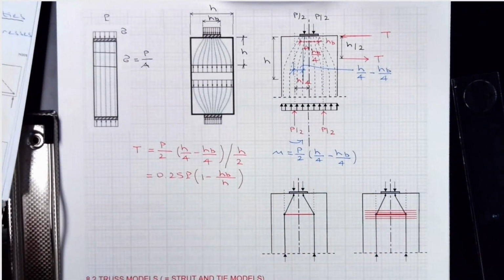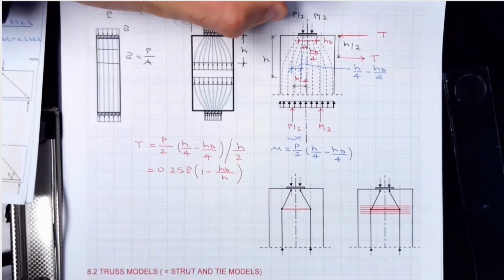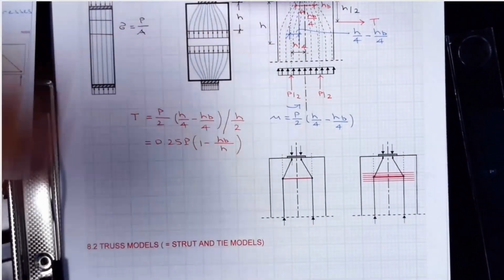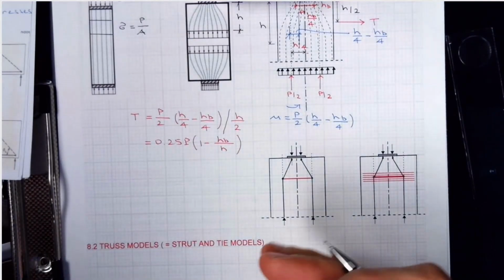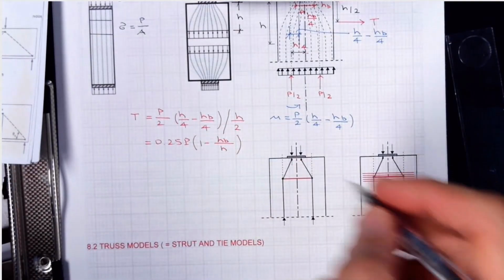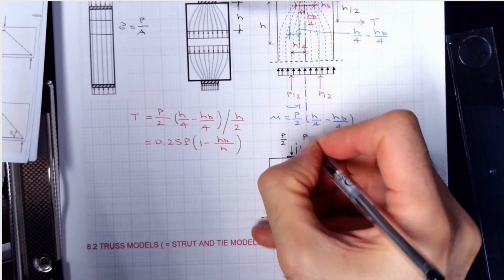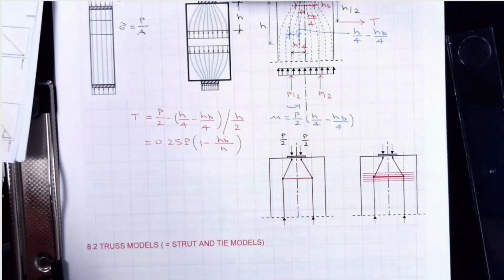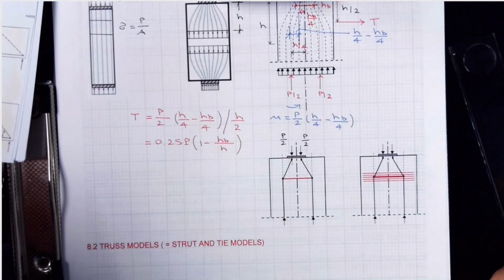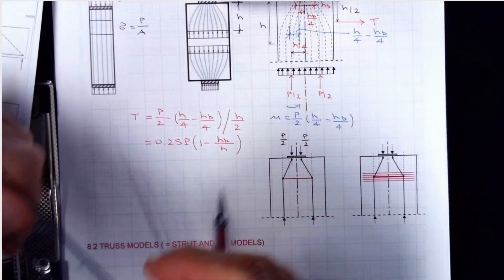So we can do a strut and tie model. A strut and tie model is nothing but a rational representation of the forces, right? So if you say this is P over 2, it's going to be a truss model. Truss is, as you know, the most simple structural model you can have.